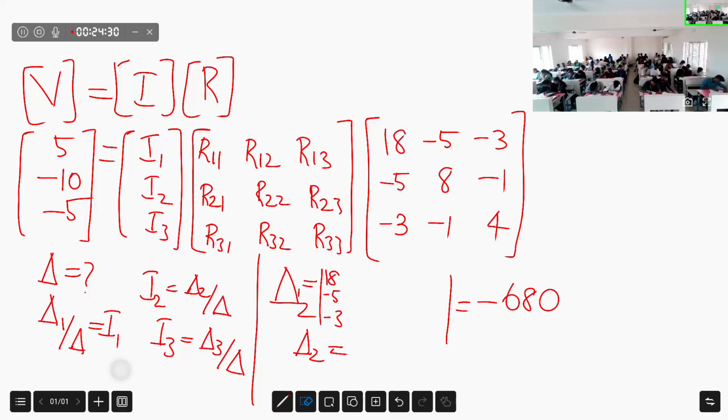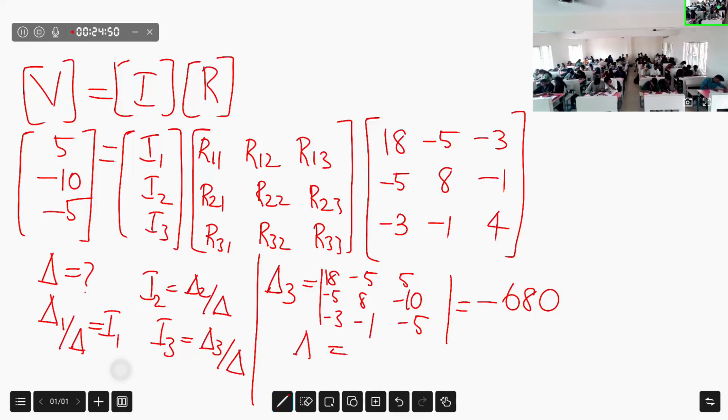So del 3 is equal to what? Check the value. Del 3 should be around minus 780. Are you getting the answers? Del 3 should be around minus 780.